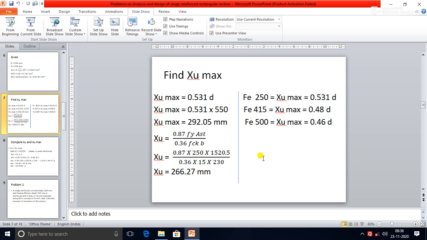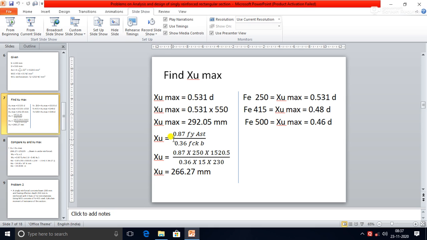Then you have to calculate; the first step is to calculate XU max. For Fe250, the steel grade given here, XU max or XU limiting value is 0.53 D. So calculate XU max: 0.53 into D 550, that is XU max of 292.05 mm.